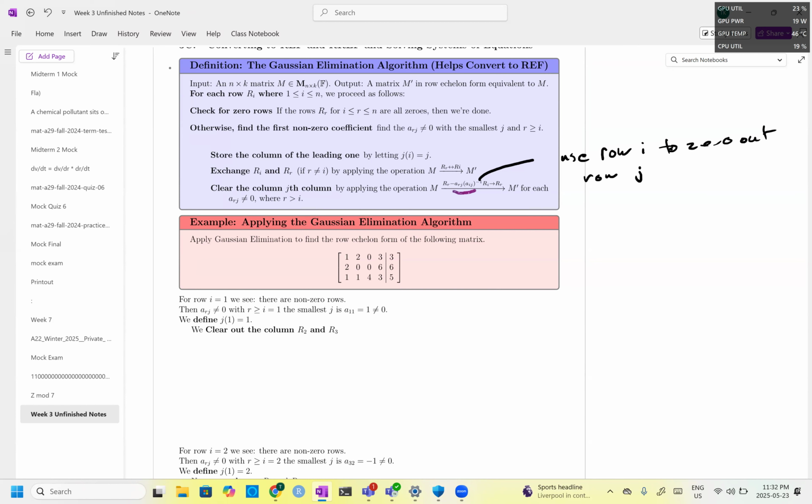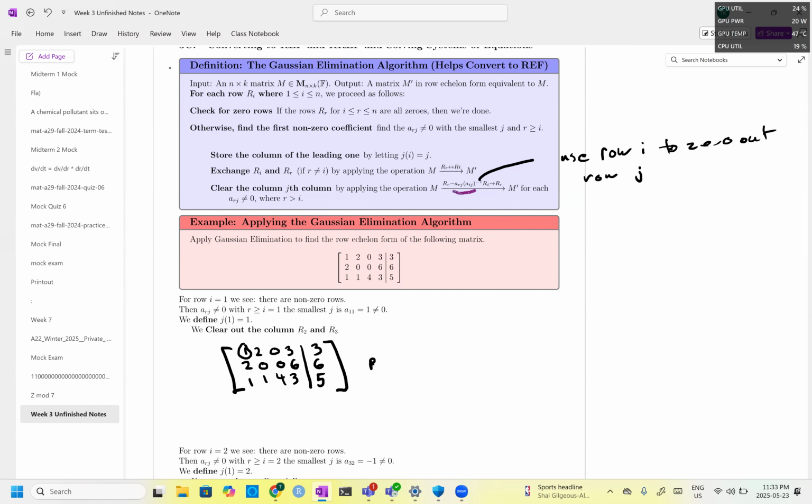So first, what we're going to do is we're going to take this matrix. Take the augmented matrix 1, 2, 0, 3, 3, 2, 0, 0, 6, 6, and 1, 1, 4, 3, 5. And we pick our pivot, which is going to be this value 1 here. We're going to use it to zero out the second and third rows.